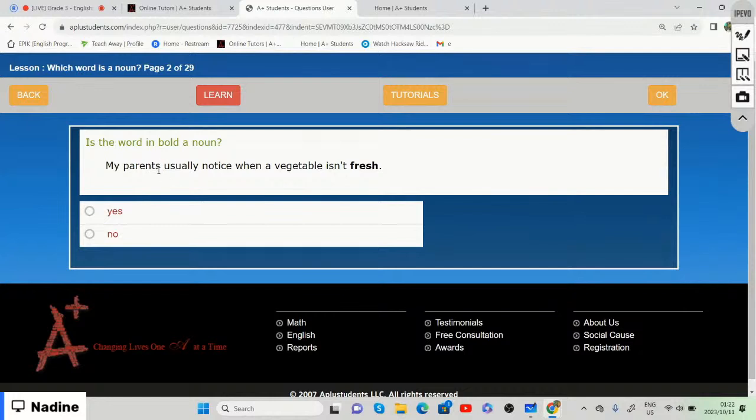We need to say if this word fresh is a noun. My parents usually notice when a vegetable isn't fresh. So is the word fresh a noun? Fresh. My parents usually notice when a vegetable isn't fresh. Is the word fresh a noun? Yes, or no? Fresh.